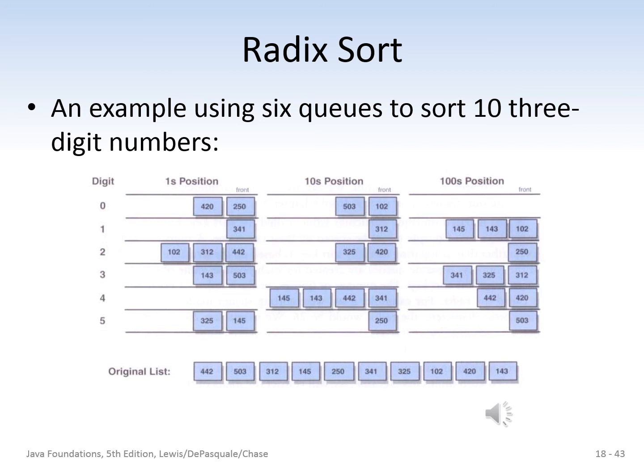So we're going to need 6 queues to sort these 10 3-digit numbers that are artificially suppressed from having any digit greater than 5. So you can see how this works. We have digit 0, digit 1, digit 2, digit 3, digit 4, digit 5.